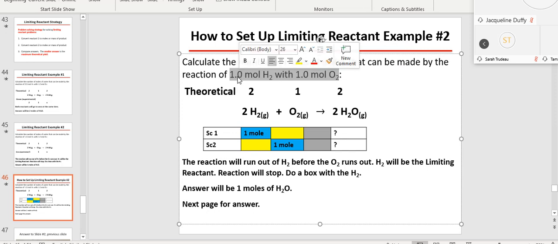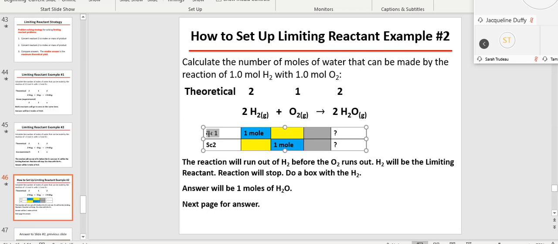So therefore, when you see 2 bits of information, I go scenario 1, scenario 2, because we have to determine which one is the limiting reactant. So if you write scenario 1, scenario 2, and you see how I put little walls here, nothing for the arrow, that's just blacked off. And then I have my X here, to determine how much.